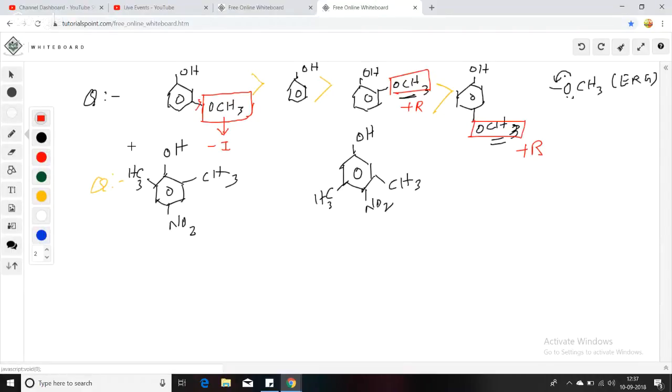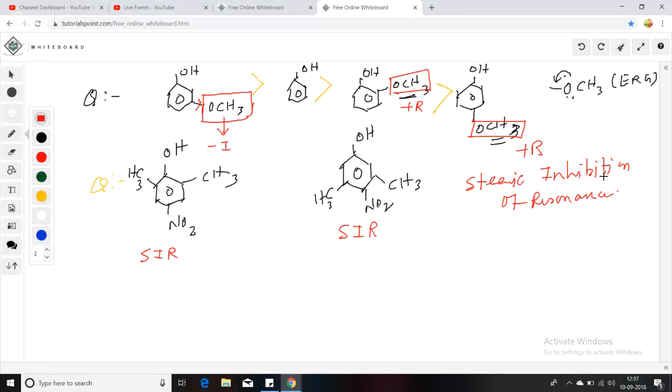In both molecules SIR is possible. What is SIR? It is steric inhibition of resonance, meaning because of steric hindrance, resonance is inhibited. You all must have done this in GOC.